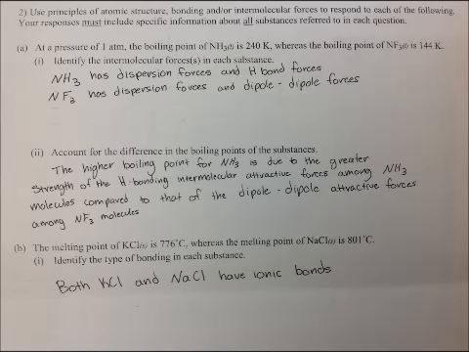The higher boiling point for NH3 is due to the greater strength of the hydrogen bonding intermolecular attractive forces among NH3 molecules compared to that of dipole-dipole attractive forces among NF3 molecules. Dispersion forces found in both cancel each other out, neither affecting the boiling point of each compound.